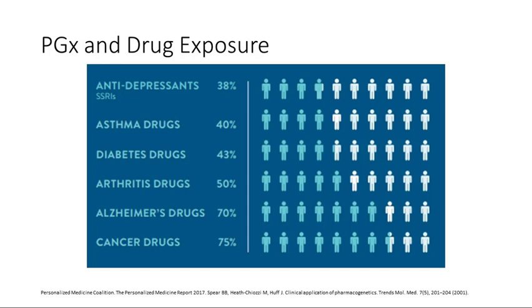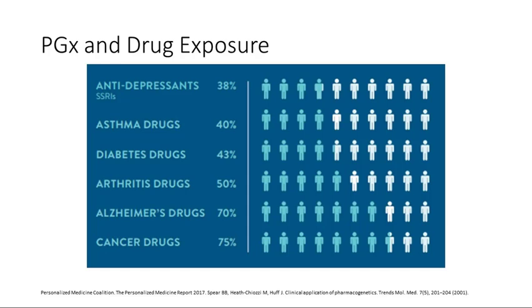So we have to give the medication, and if it doesn't work, give a second medication or a third. As an example with antidepressants, I recently saw that number may approach 50%. But think about the potential consequences. Somebody with major depressive disorder who receives a medication that doesn't work the first time, and now they need a second medication. There could be some dire consequences. So we need to think about those kinds of aspects and drug exposure.